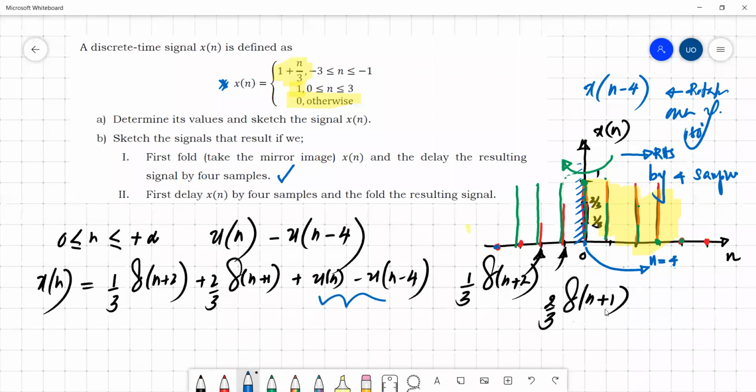This covers the samples between 0 and plus infinity, and these two cover the samples at -1 and -2. Rest are 0, so you don't need to worry. This is the way we can represent the discrete form as a function of unit impulse and unit step functions.